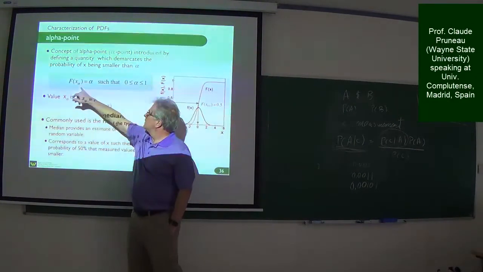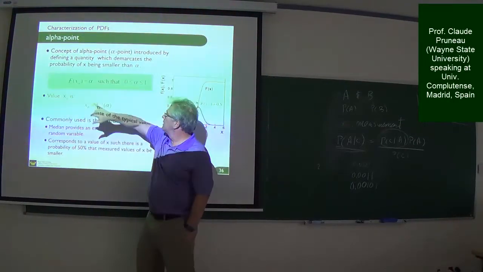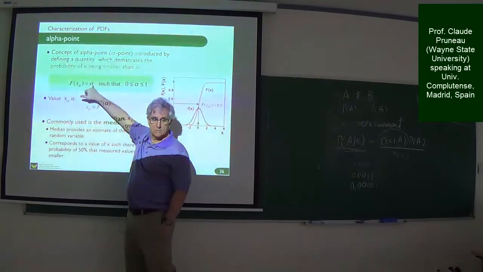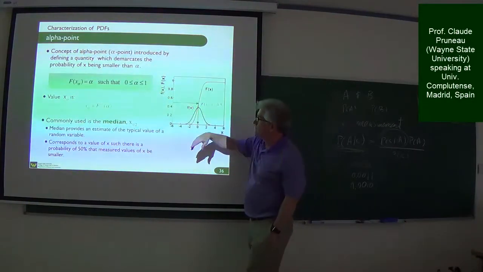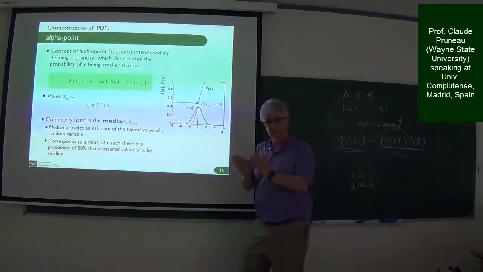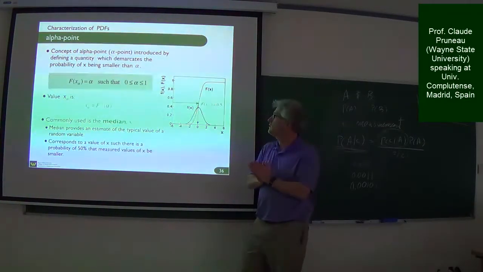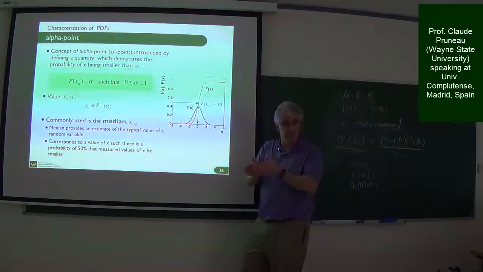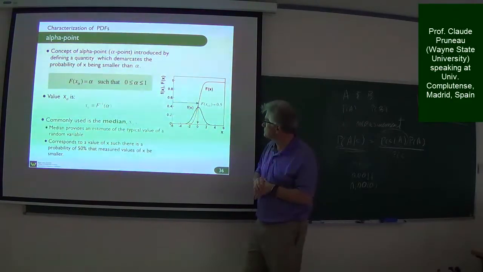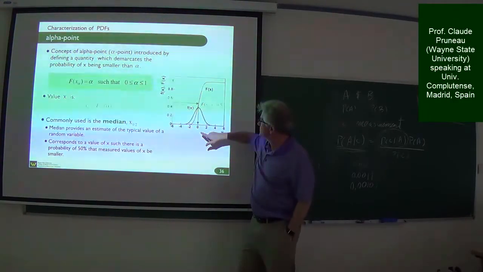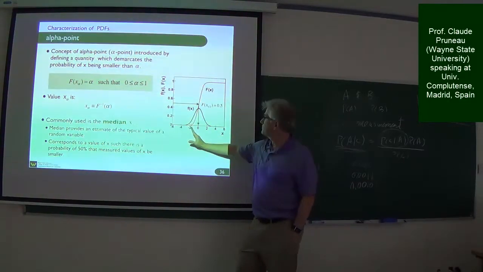And so this notion says that you are finding a value x sub alpha, such that the integral will be alpha. And so if alpha is 1/2, 0.5, then it says, what is the value of x such that you have 50% probability of x being below this value. So again, I'm illustrating this here with a Gaussian centered at 0. You have 50% of being below 0, 50% of being above.